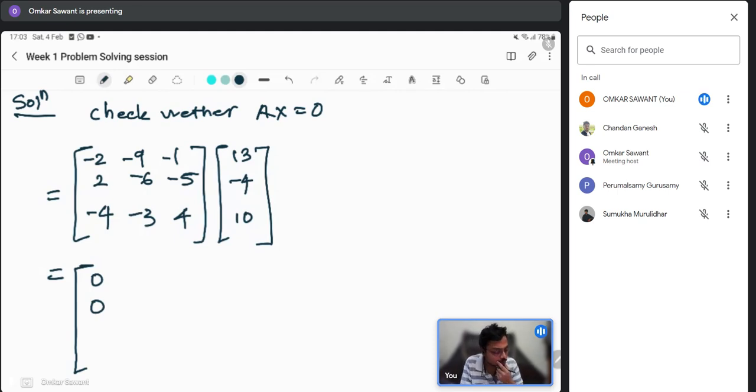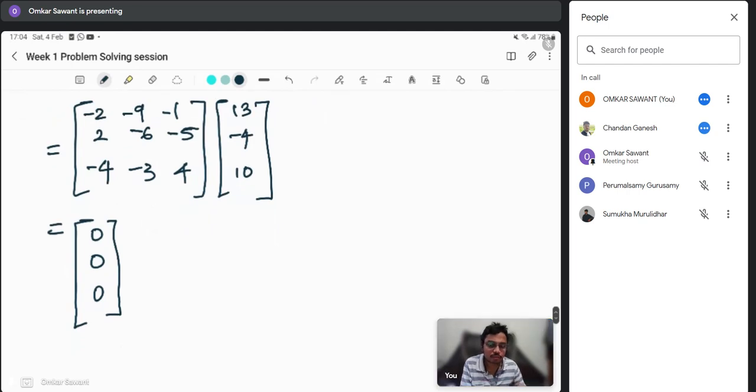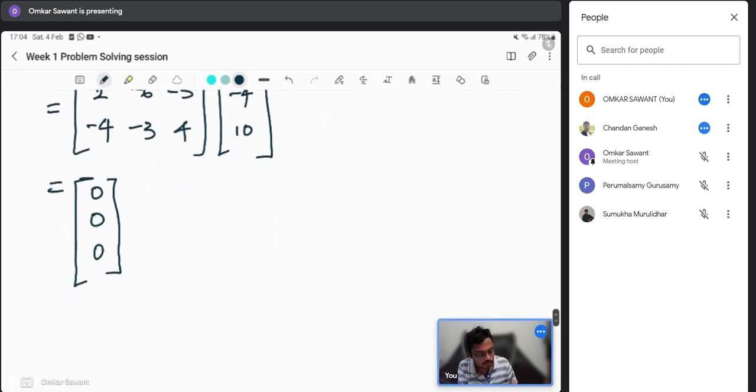And minus 52 plus 12 is minus 40, plus 40 is 0, right? Guys, are you getting the zero vector? Yes, sir. So is it in the null space? Yes, sir, it is in the null space.